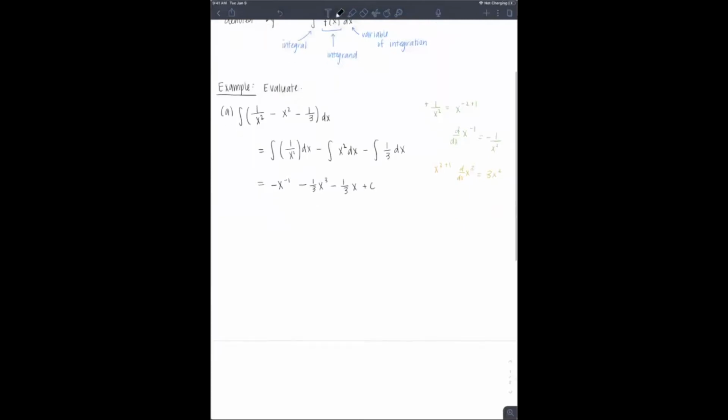Okay. So then let's look at part B, which is the integral of 2x times 1 minus x to the -3 with respect to x.